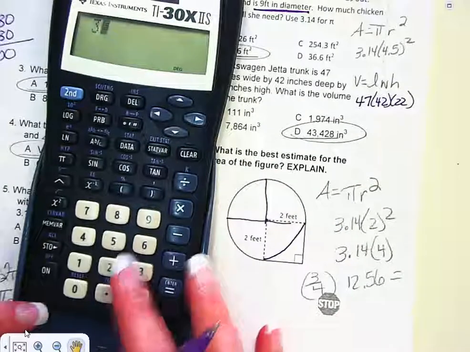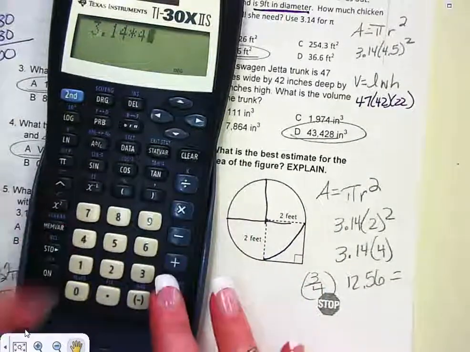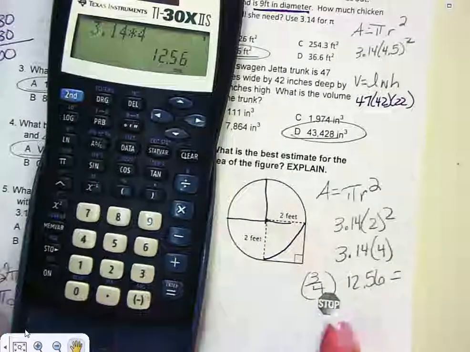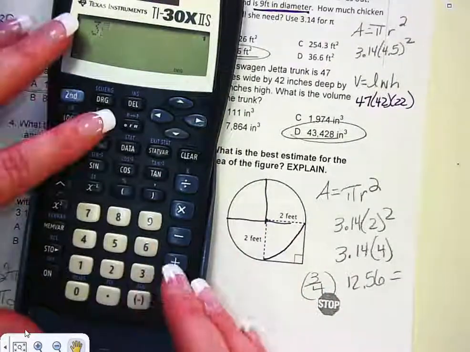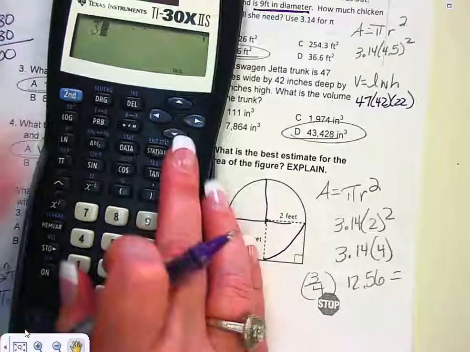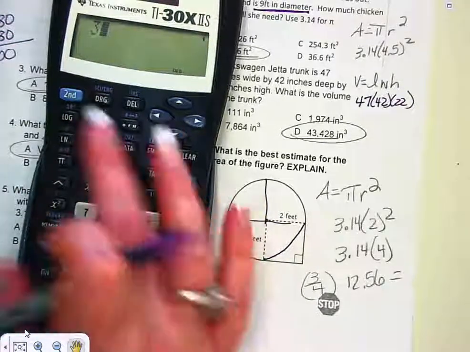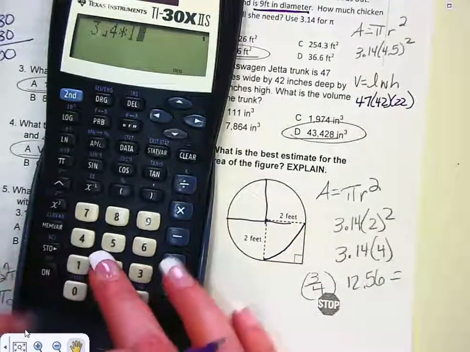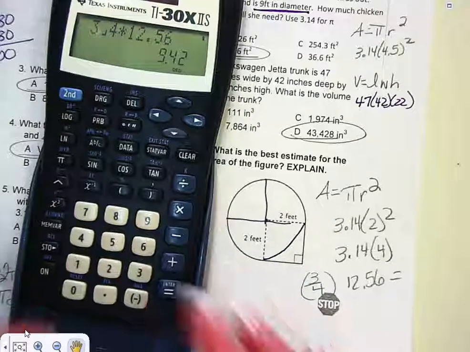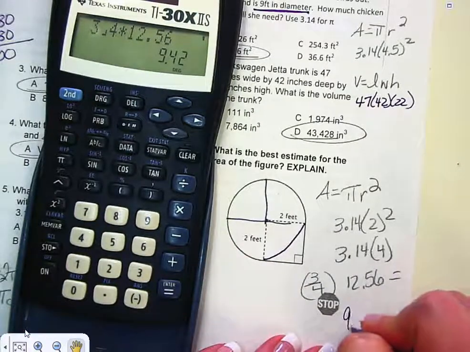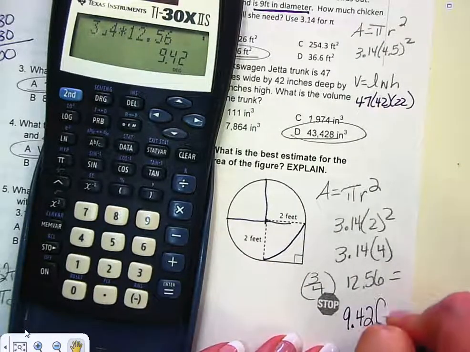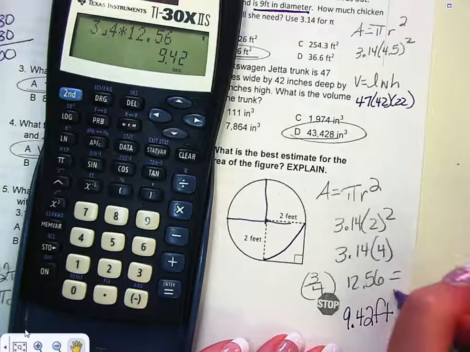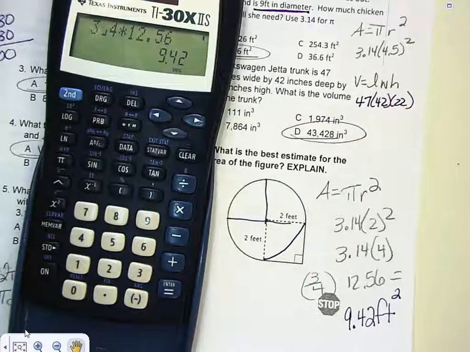So I said 3.14 times 4 equals 12.56, and then I need 3/4 of that. Of means to multiply. Times 12.5600. And so my answer is 9.42 feet, and it's area, so it is squared.